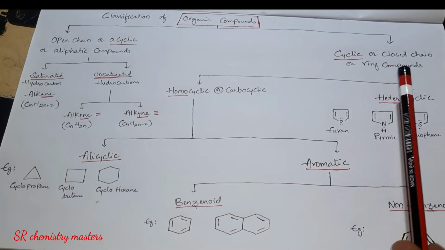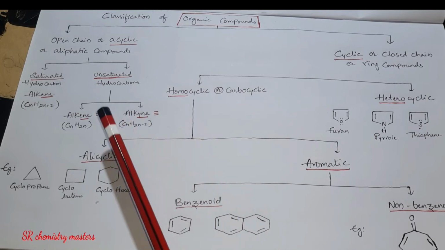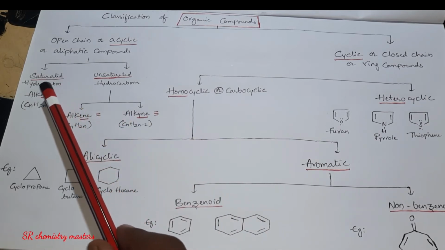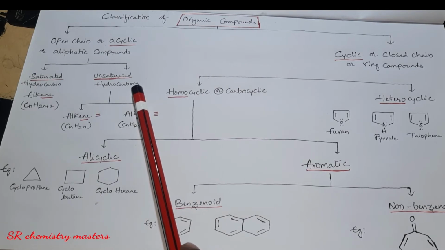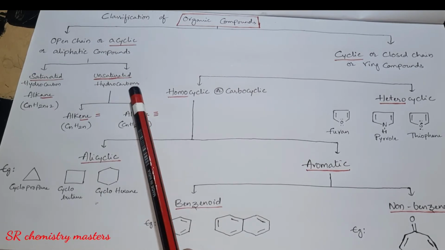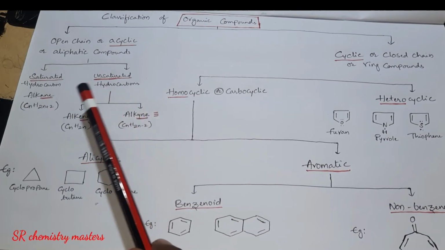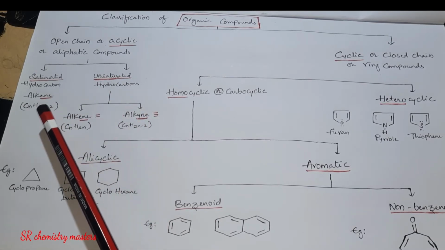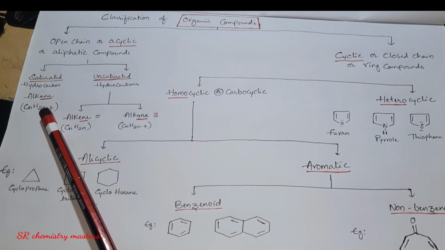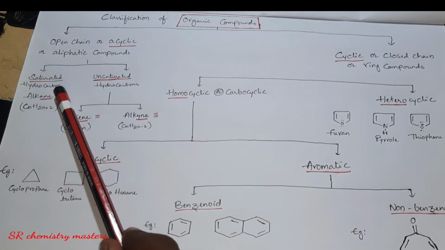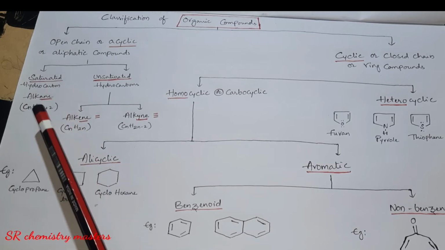When it comes to the open chain structure or acyclic structure, compounds are classified into saturated and unsaturated. Remember, if in a compound all the carbon atoms are connected with a single bond, then that compound is considered a saturated hydrocarbon and it is named alkane.